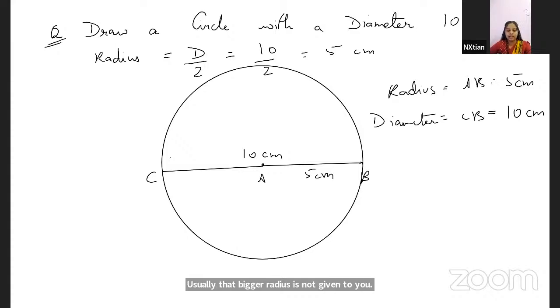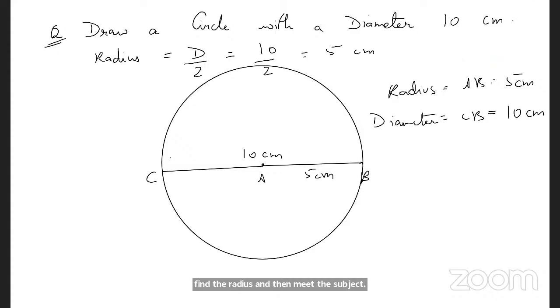The radius will be only in the length that the compass can be extended, not more than that, all right? Diameter can be given to you as 12 or 13 or 14, so you can divide by 2, make it a half, find the radius and then make the circle. But radius will not be given that much.